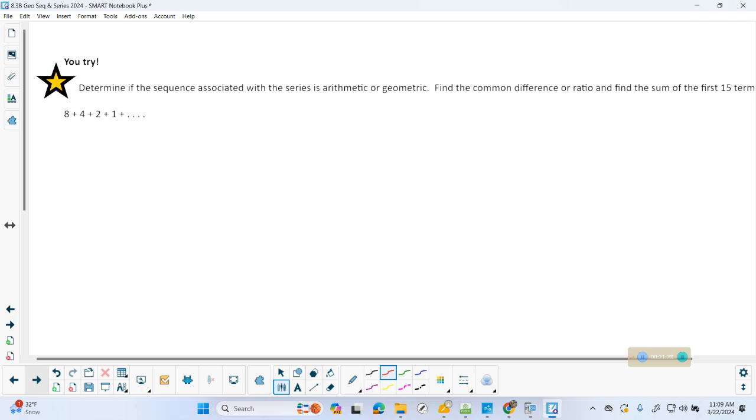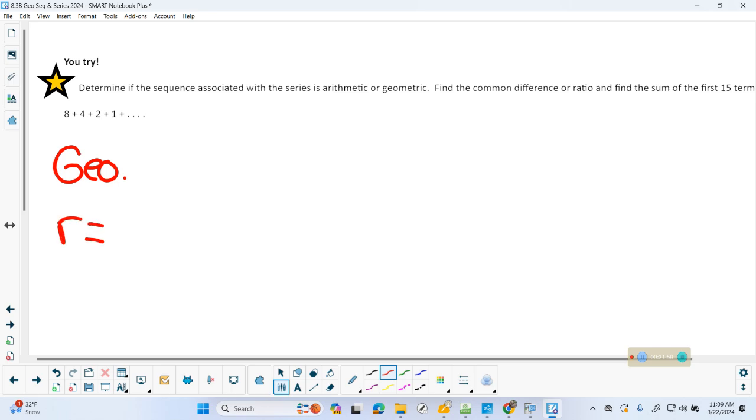Okay, look at this one. So figure out first what type it is. I hear one vote for geometric. Agree? Disagree? Agree. I'm with you. Geometric. So if it's geometric, it has a common ratio.